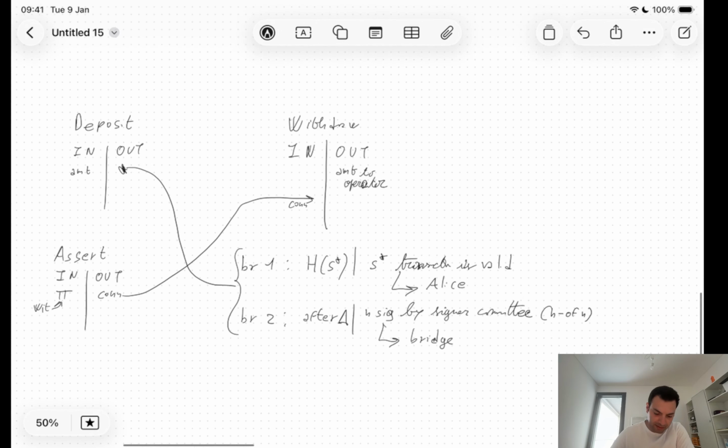What's happening here is that if Alice, before time delta, thinks that she actually doesn't want money inside the bridge, she can literally block the deposit by using branch 1. So she gets money back.